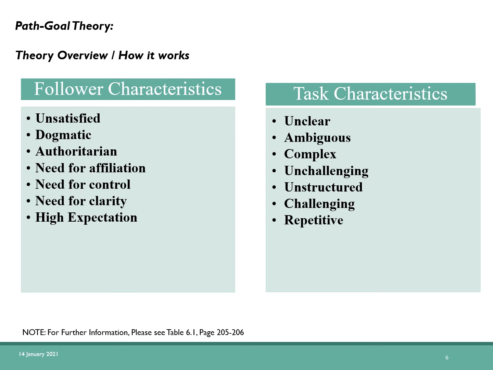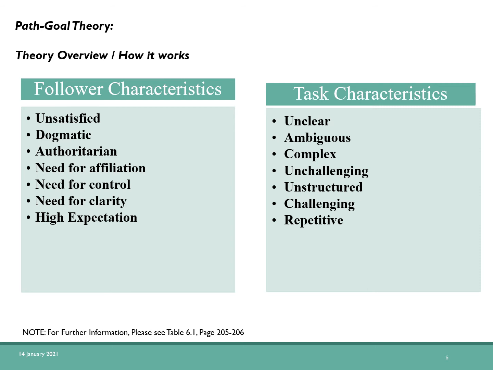In addition to follower characteristics, task characteristics have a major impact on the way a leader's behavior influences followers' motivation. Task characteristics include the design of followers' tasks, the formal authority system of the organization, and the primary work group of followers. There are different characteristics of tasks, as shown in this slide.